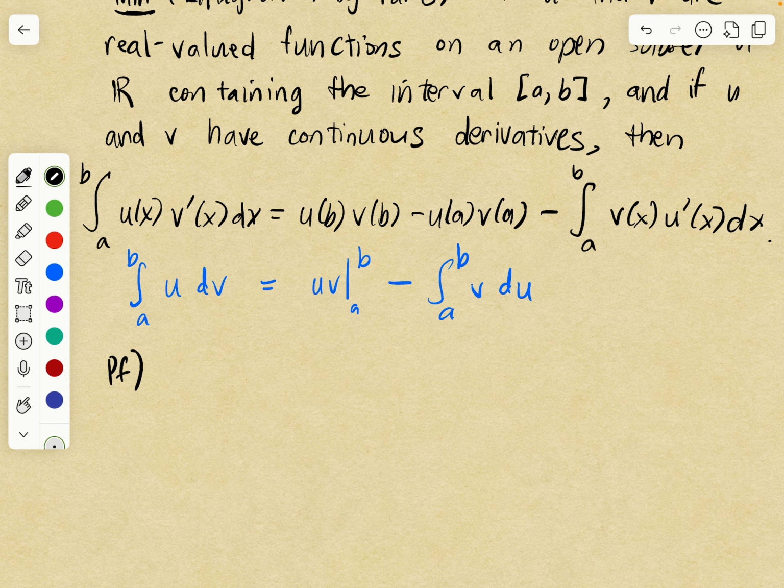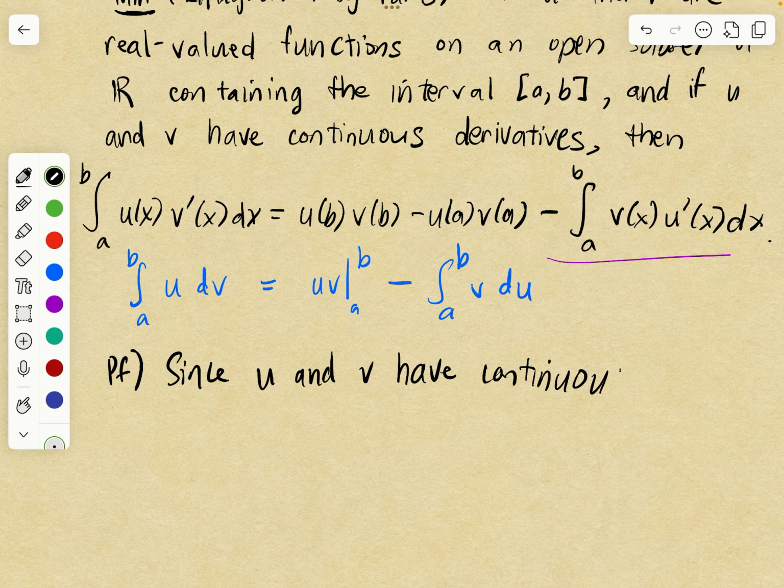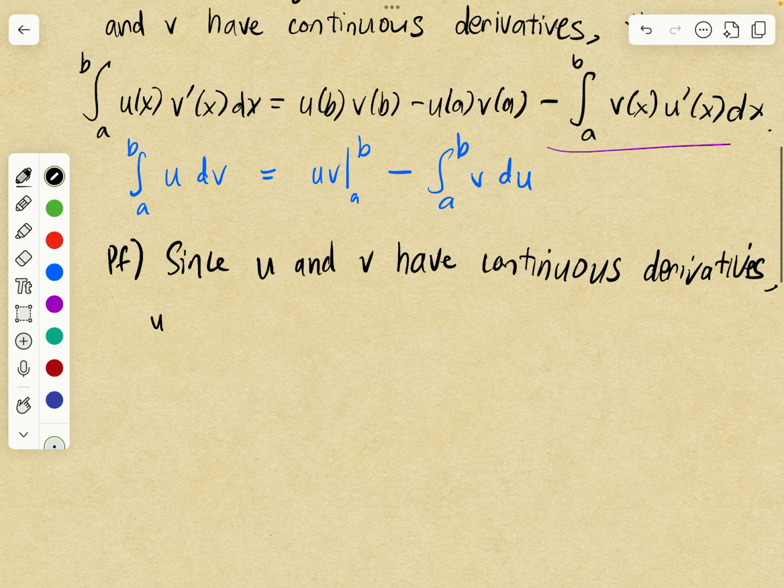Well, the idea is you move this to the other side, and then you have some integral. So since u and v have continuous derivatives, u of x times v prime of x plus v of x times u prime of x is integrable.